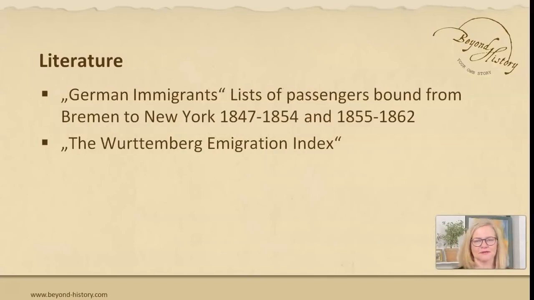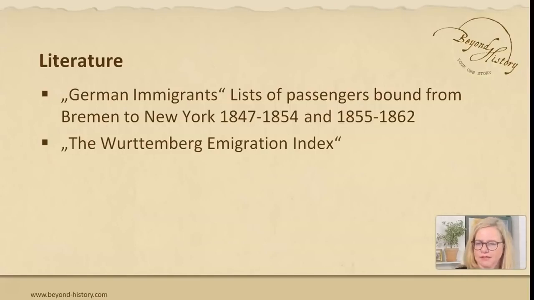Again, before the online databases and all of that existed, there were many people who put a lot of effort into collecting the information manually, I would say. And so these are 2 examples of great literature series about immigration that also attempt to cover the gap that exists due to the missing original departure records from Bremen.